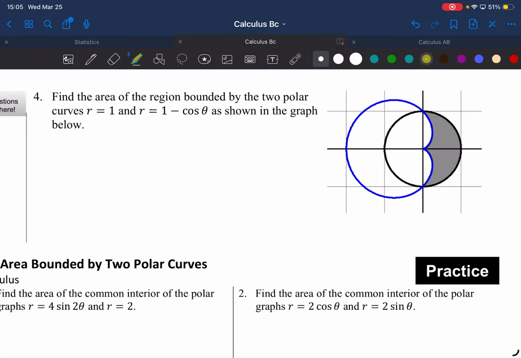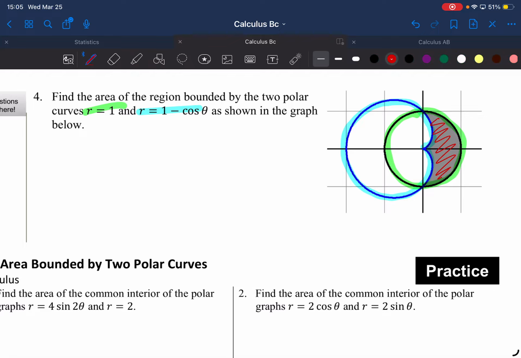So first, just color coding them. Here is r equals 1. That is a circle with a radius of 1. And then we have the other one, 1 minus cosine theta. Okay, it wants us to find this shaded region here.